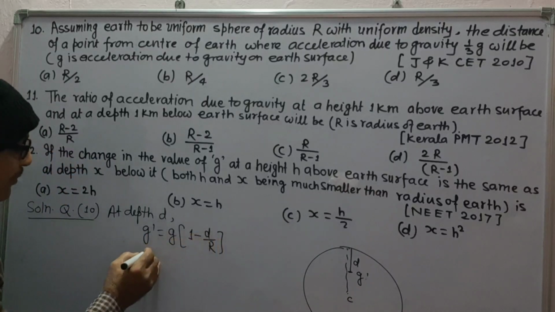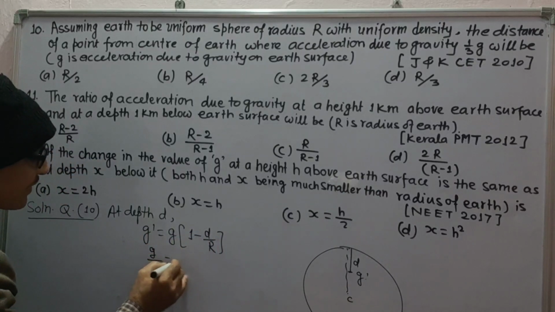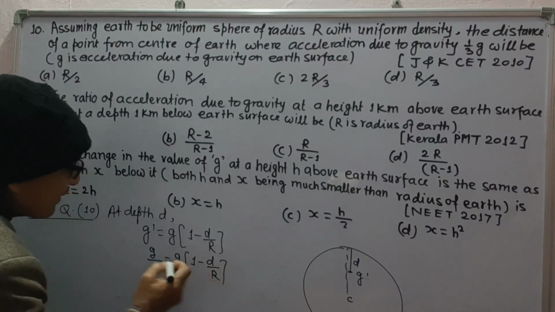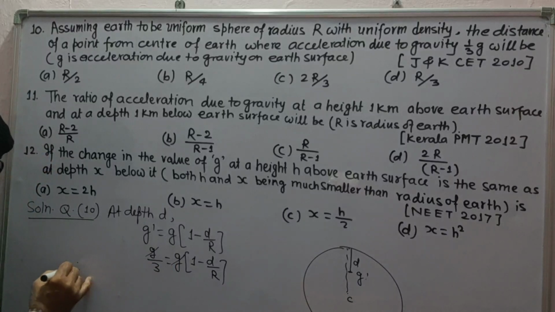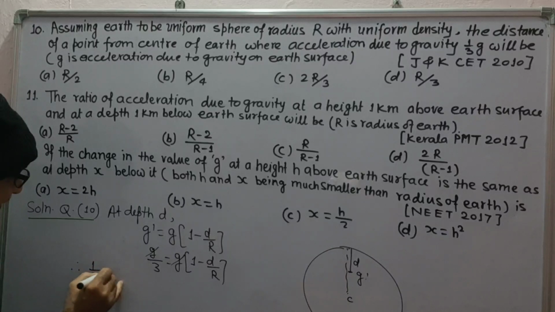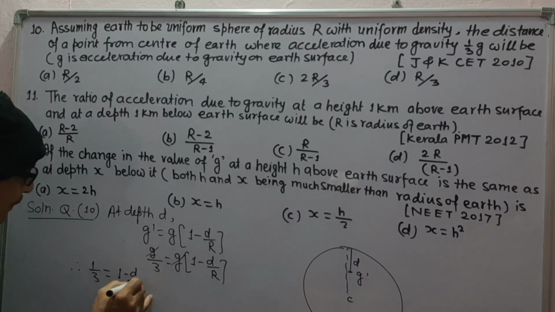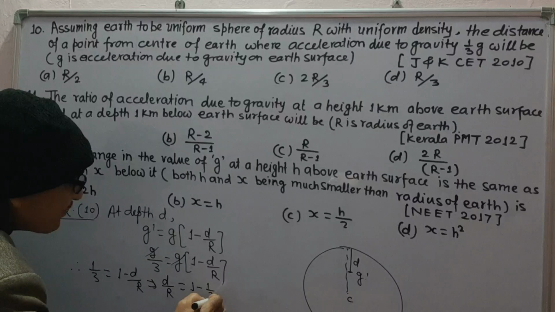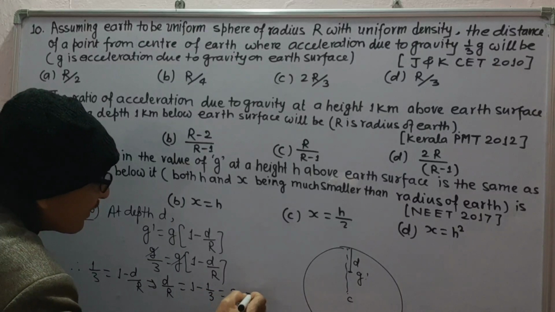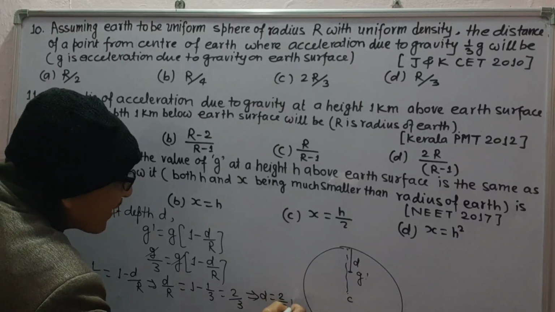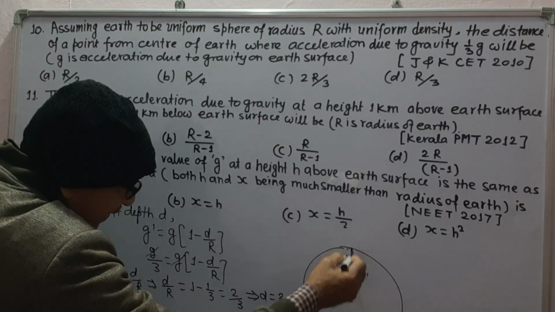Here g dash is given to be g by 3, so it is g into 1 minus d by r. g cancels out and we get 1 by 3 is equal to 1 minus d by r, which gives d by r as 1 minus 1 by 3, which means 2 by 3, which gives d as 2 by 3 r.